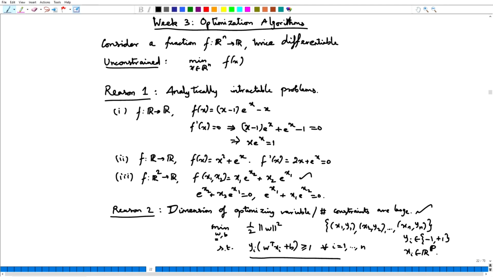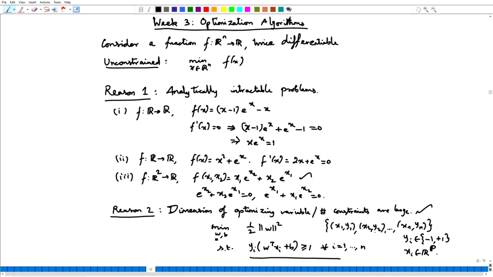If you want me to recall, this is the optimization problem that you will be solving in SVM, the support vector machines. Suppose you are given the data x1 y1, x2 y2, up to xn yn. This is labeled data where you pick n values x in R p, and you label them either minus 1 or plus 1, and let us say the data is separable.